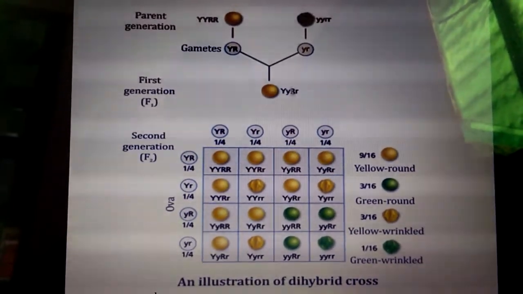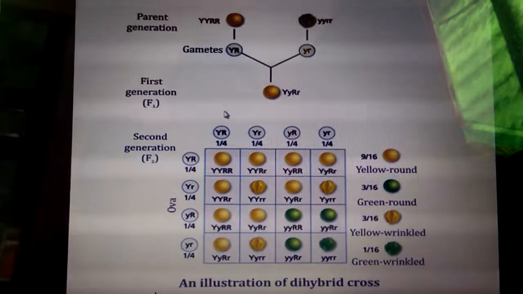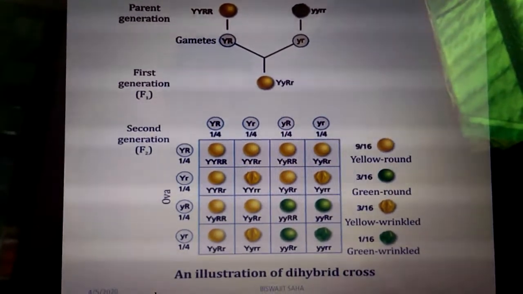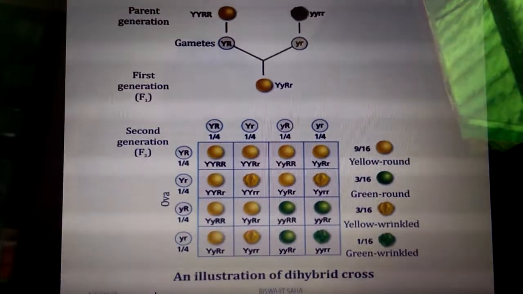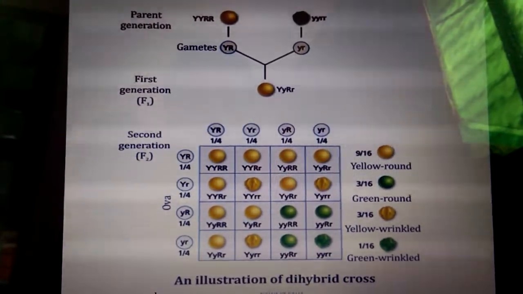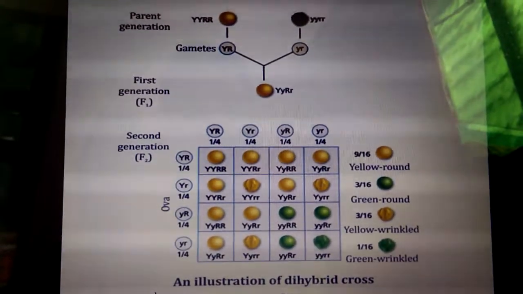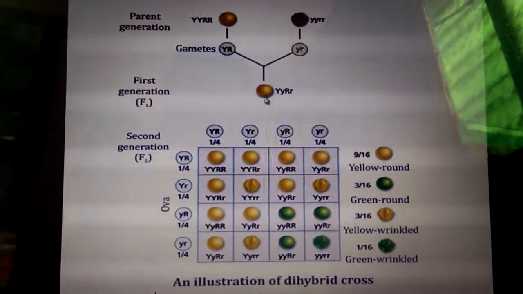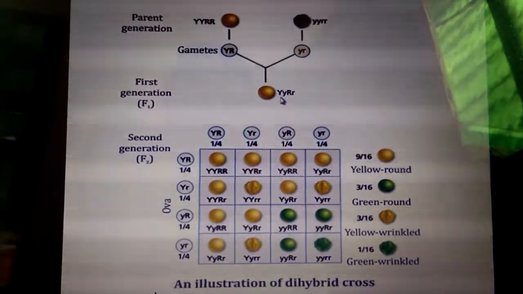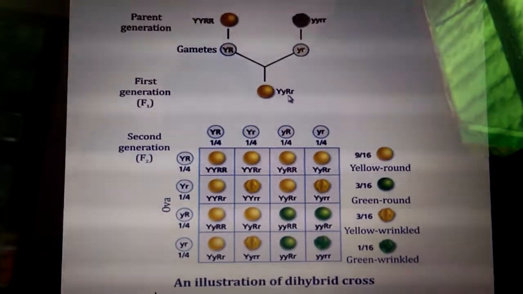So the offspring in the F1 generation, or first filial generation, will be all heterozygous for the traits being studied. This means all of the F1 individuals possess a hybrid genotype and express the dominant phenotype of each trait, and that is why they express yellow and round, because they contain at least one capital Y and one capital R.